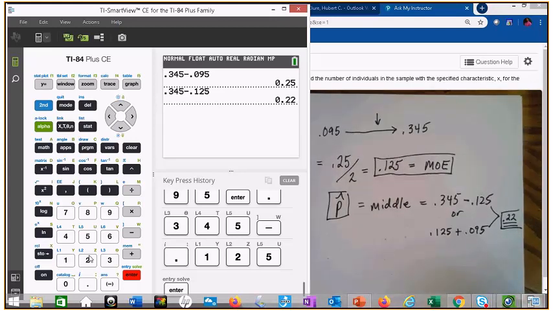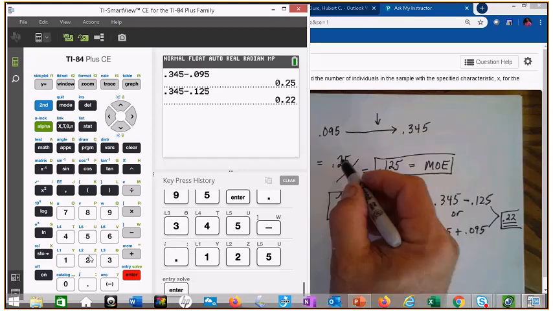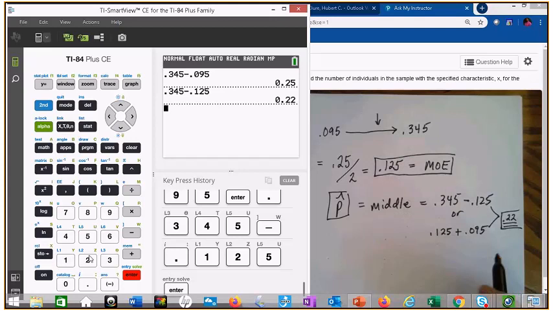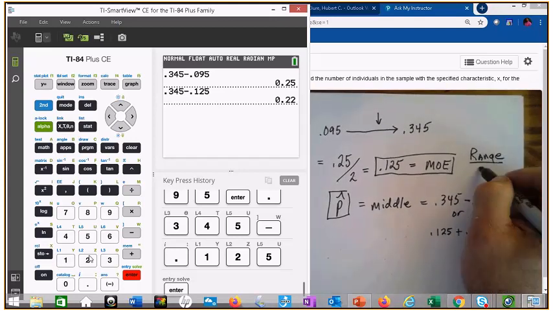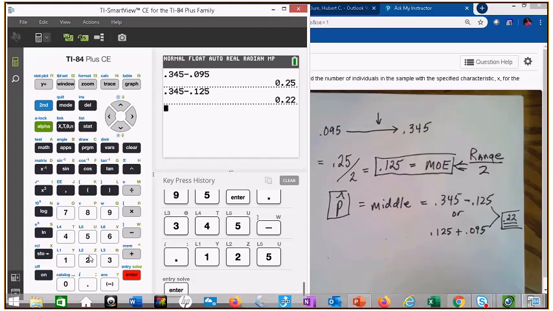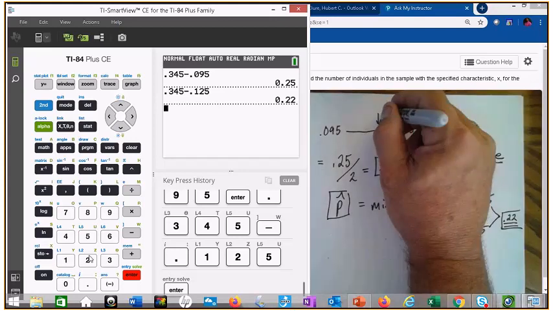Your margin of error is just your range divided by 2. That's your margin of error. You put that right here, range divided by 2. And then after you find that, you know that 0.125 is on this side.